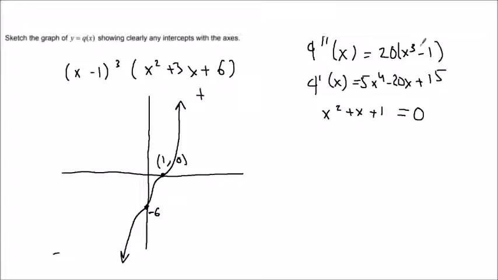No, it's negative, so it's supposed to look like this. Let me fix the graph. It's supposed to go even more down, even quicker. And that's it. That's the test. I'm finished.